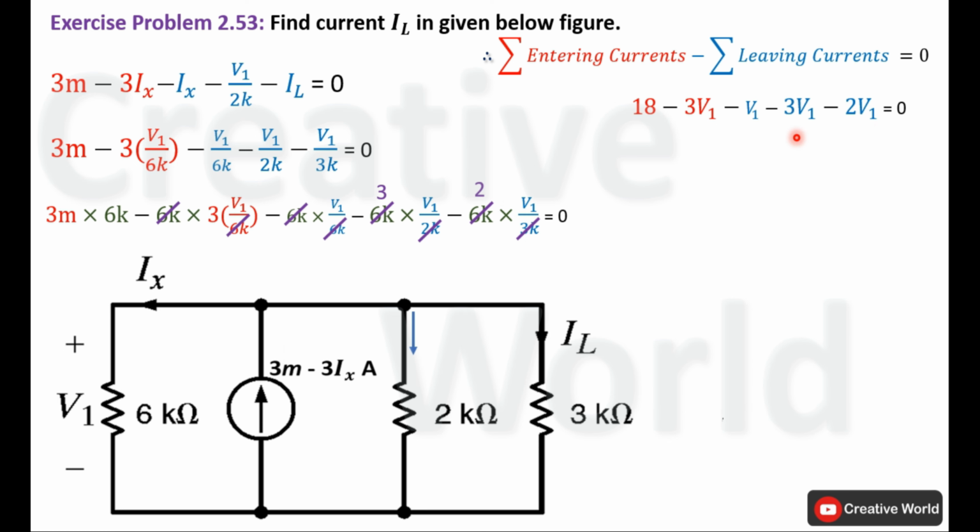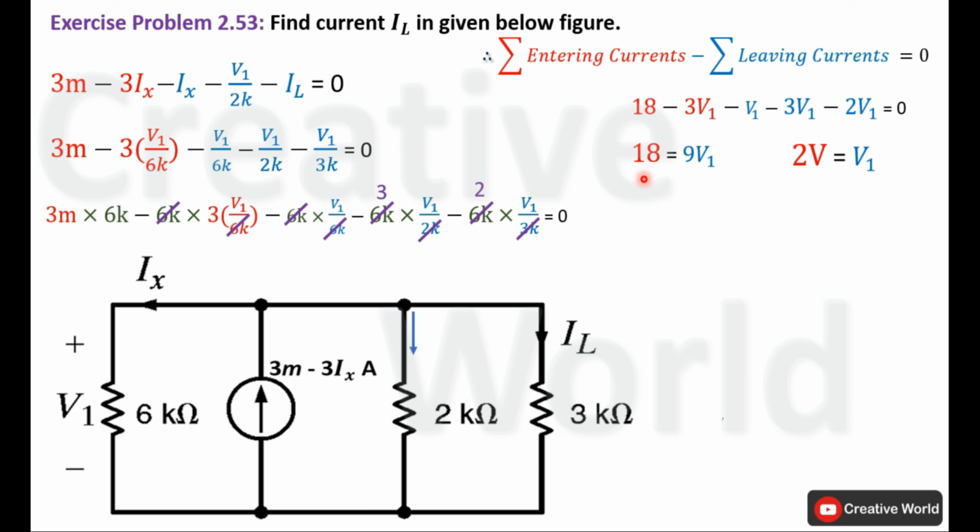Now add all these terms that include variable V1 together and place them on the other side of the equal sign. The equation will become 18 equals 9V1. Divide both sides by 9 to calculate the value of V1, which becomes 2 volt. So we have calculated the voltage V1.